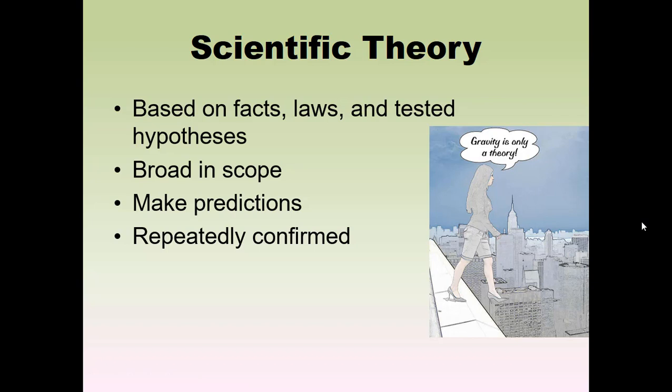So we have theories such as atomic theory, that atoms are the basic building blocks in the universe, the basic building blocks of matter. This has been repeatedly tested and confirmed. We don't really question that. Another theory that we might take a look at, evolutionary theory.